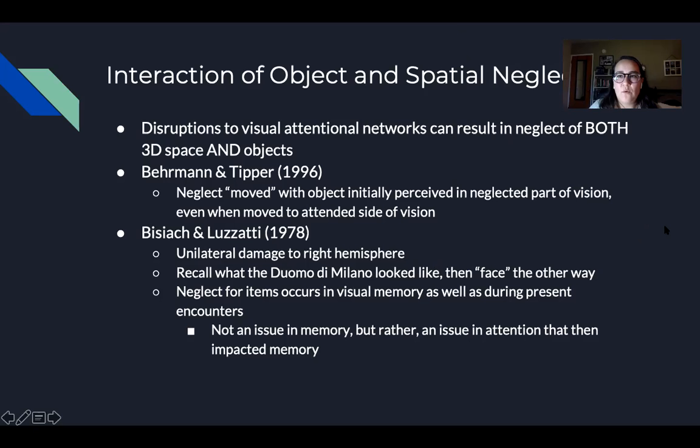Yeah, more about what they were about. If you aren't able to remember Bisiach and Luzzati, again, I don't speak Italian, I'm so sorry. That's okay, but if you're able to tell me what happened in this study, right? You're saying, these researchers from Italy, they were studying patients with unilateral neglect due to damage in the right hemisphere, and these were their findings.